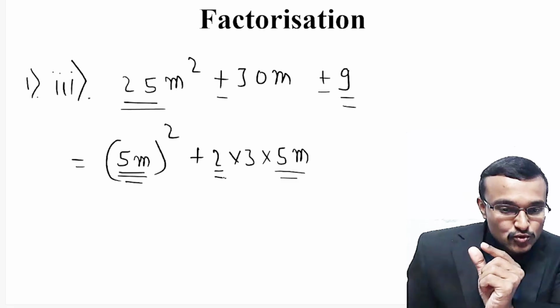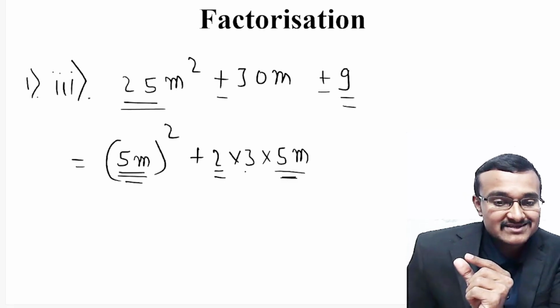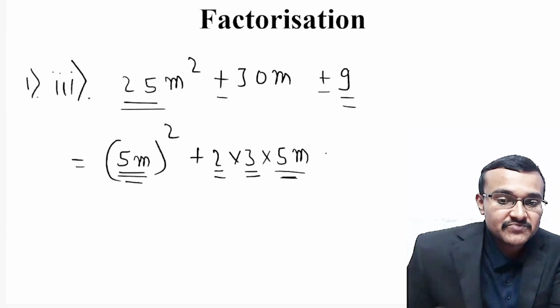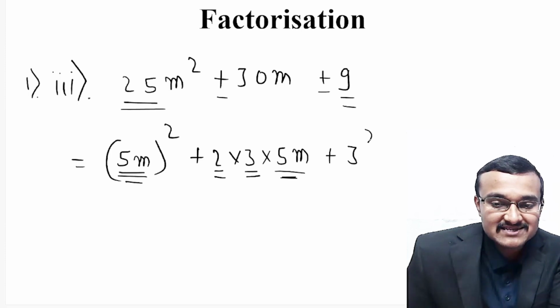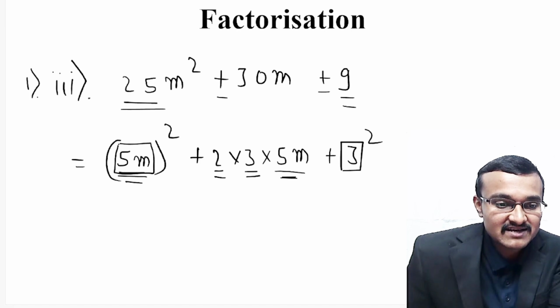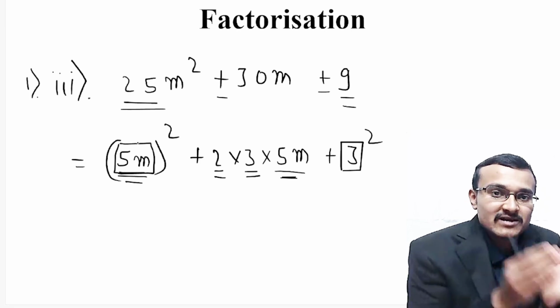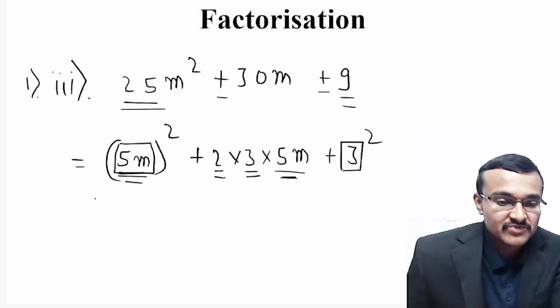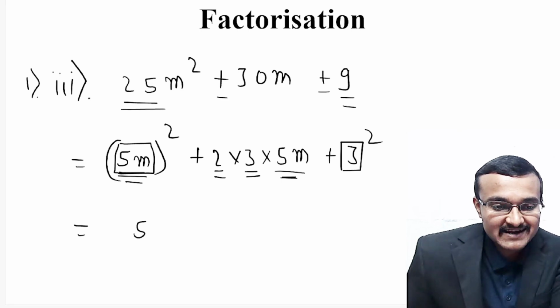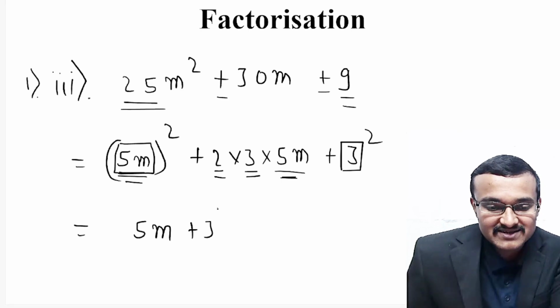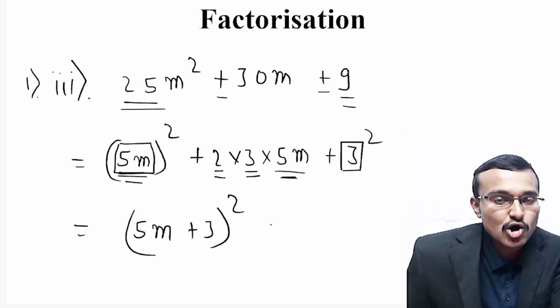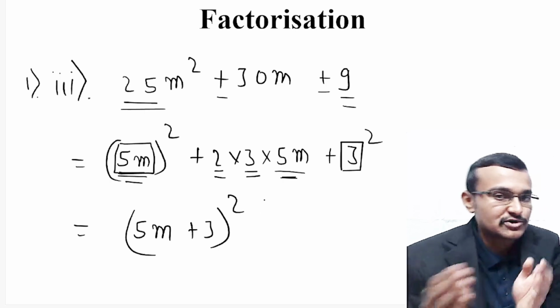So here 2a you have got, and this will act as b. Plus 9 can be written as 3 square. Here you can clearly see b is there, and a is there. So this is in the form of a square plus 2ab plus b square. You can straight away write this as 5m plus 3 whole square, or you can write this as 5m plus 3 into 5m plus 3.